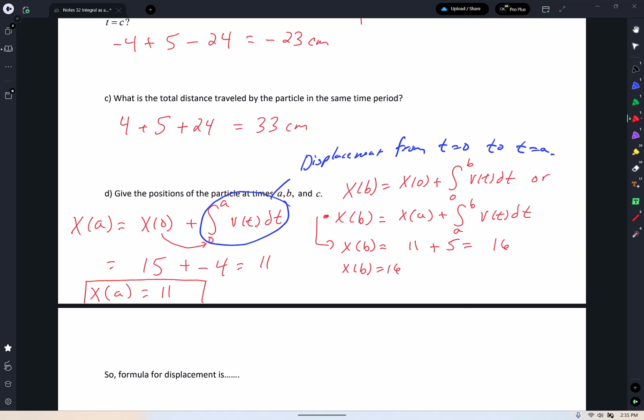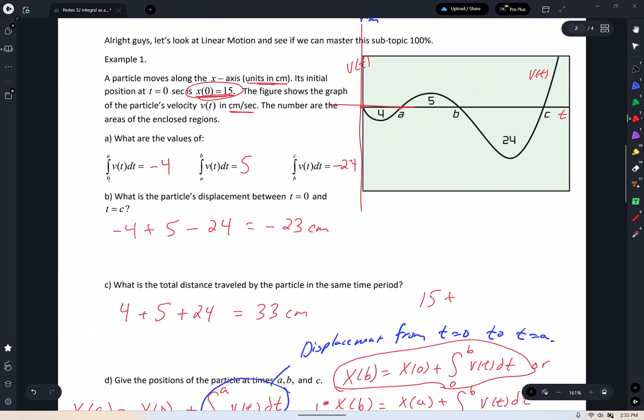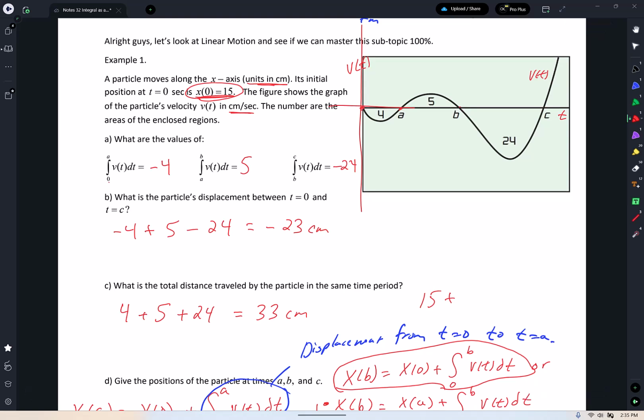Ask me. Are you asking how this one on the top will give you the same answer? No, look. Let's talk about it. Right now is a good time. How will this one give us the same answer? Well, look. What was x of 0? 15. Plus, this is for the integral from 0 to b. So if I start at 0 and I go all the way to b, negative 4 plus 5, that's going to be 1.